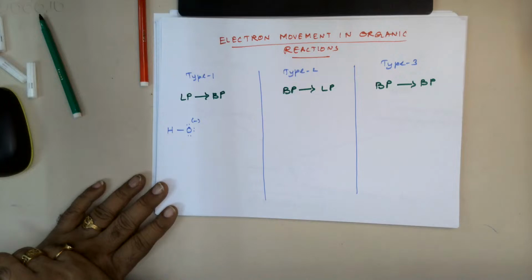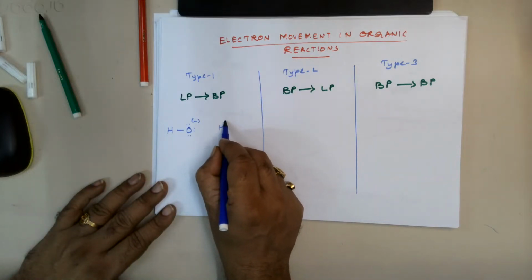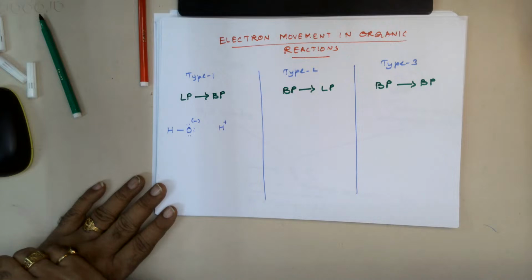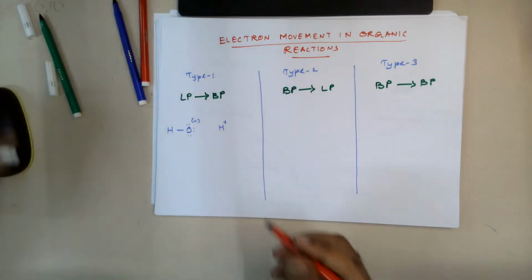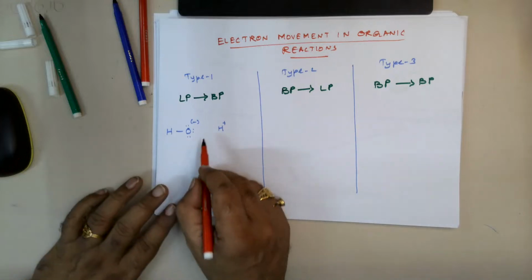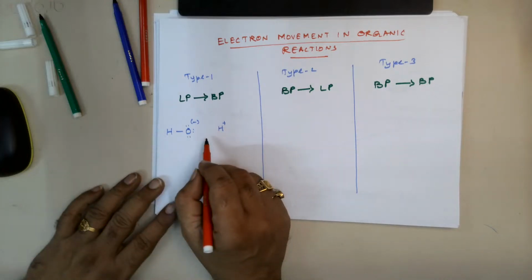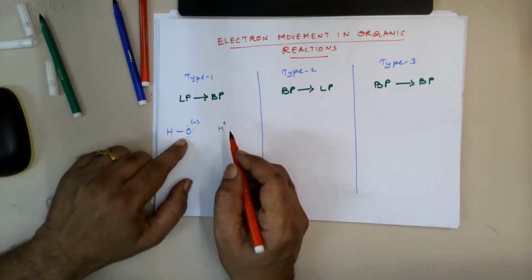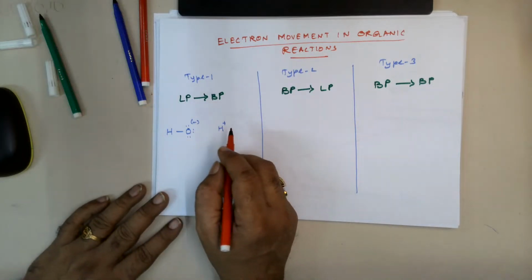And there is a proton approaching here, positive. So how can you predict the movement? This is having excess of electrons. So this pair of electrons, that is, this is a lone pair, may approach here.